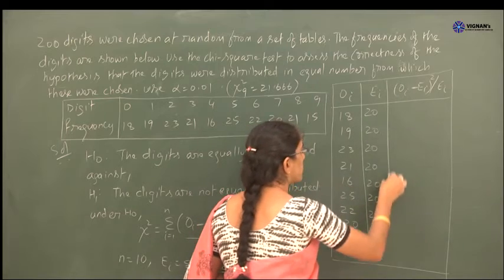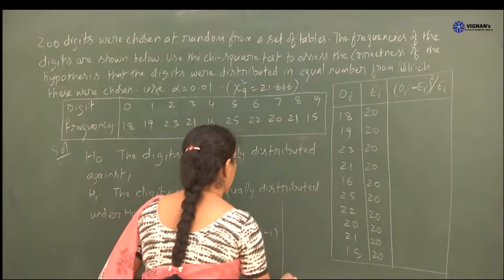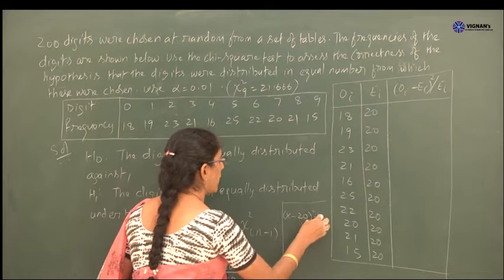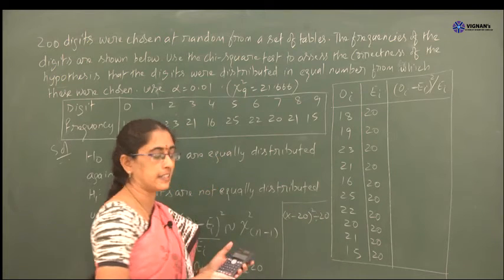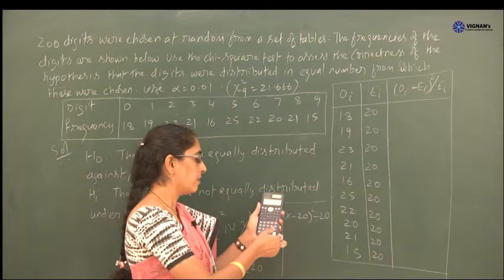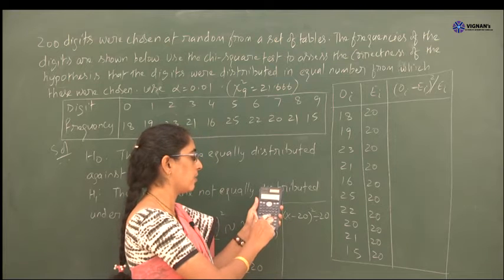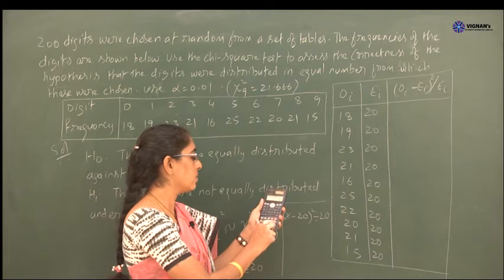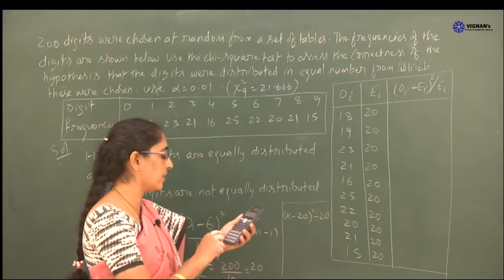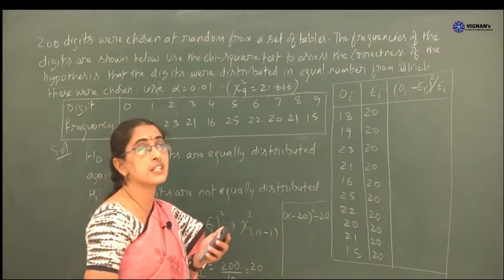Next we use the calculator operations: open the bracket, x minus 20, close the bracket, square, divided by 20, and press calculate. It is asking for the x value, so give the value 18. So it is 0.2.